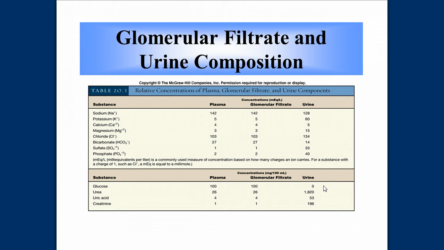It can only carry so much in tubular reabsorption, and that is called limited transport capacity. It can only carry so much, and then we have the renal plasma threshold.